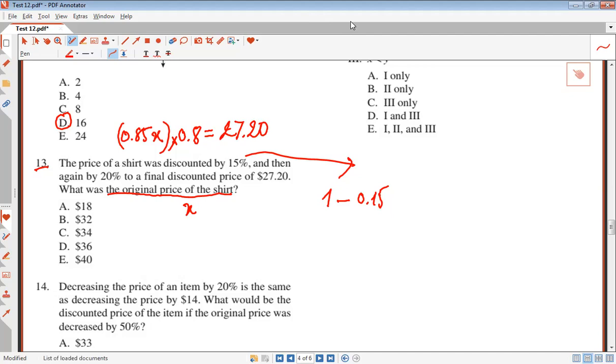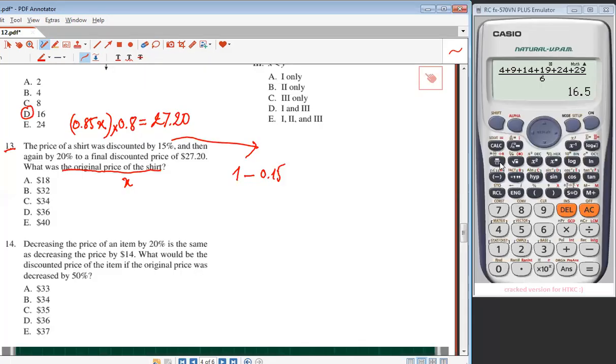With the calculator, we easily find the value of S. We take 27.20 over 0.85 times 0.8, which equals 40. It is option E.